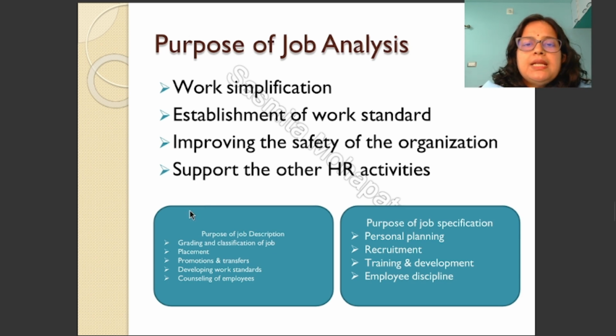Then why do we analyze the job? When we analyze a job, we can break it into a more simplified form, when it is complex. When we divide the job into different elements or parts, we simplify the work, and the work can be distributed among different workers so that we can easily achieve the target or objective.